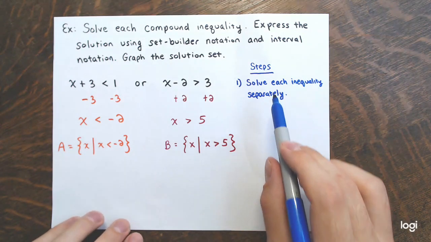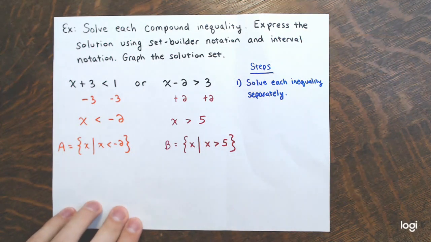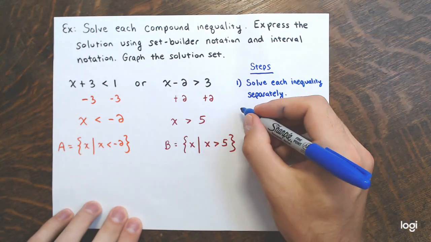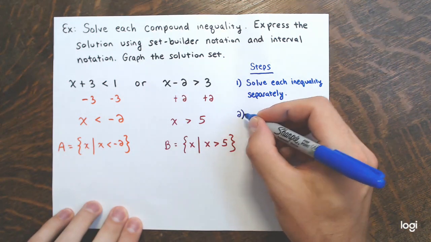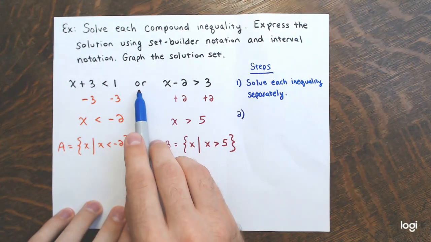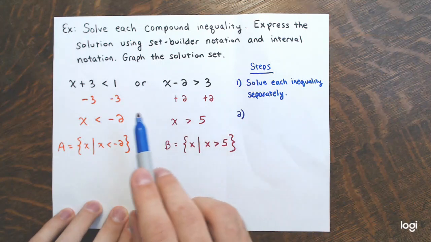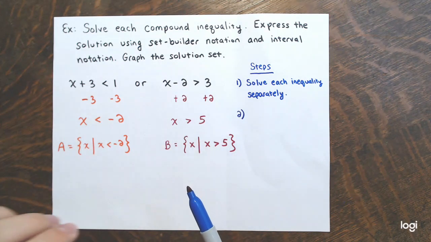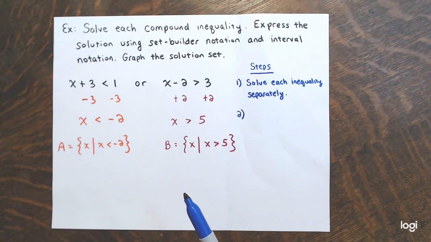So for part 1, I've solved each inequality completely, separately. When we had the word and connecting the two inequalities, we solved each one separately and then found the intersection, the overlap of the two solution sets.